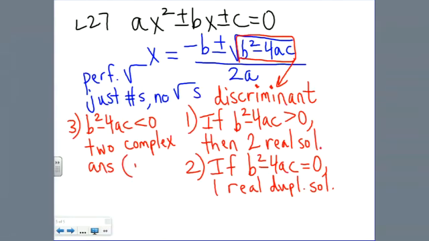And what I mean by complex answers is involving imaginary numbers, or i, the letter i. So the discriminant under the square root, its value tells you beforehand what type of answers you should anticipate.